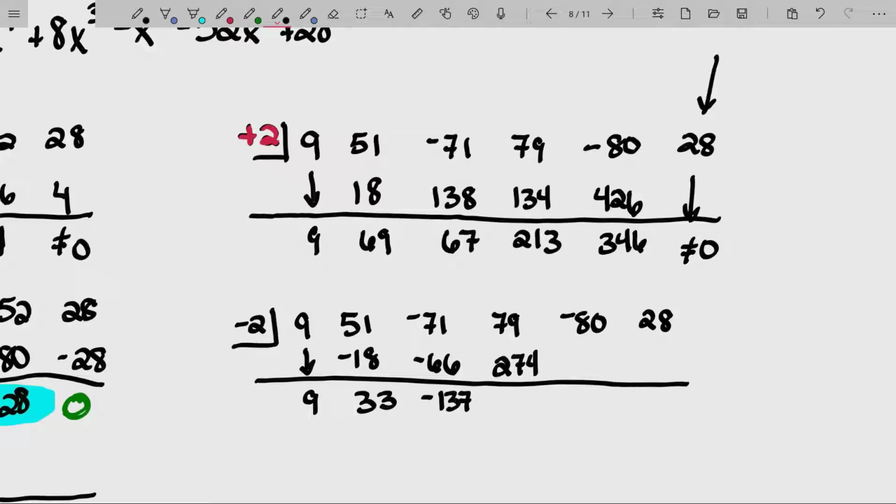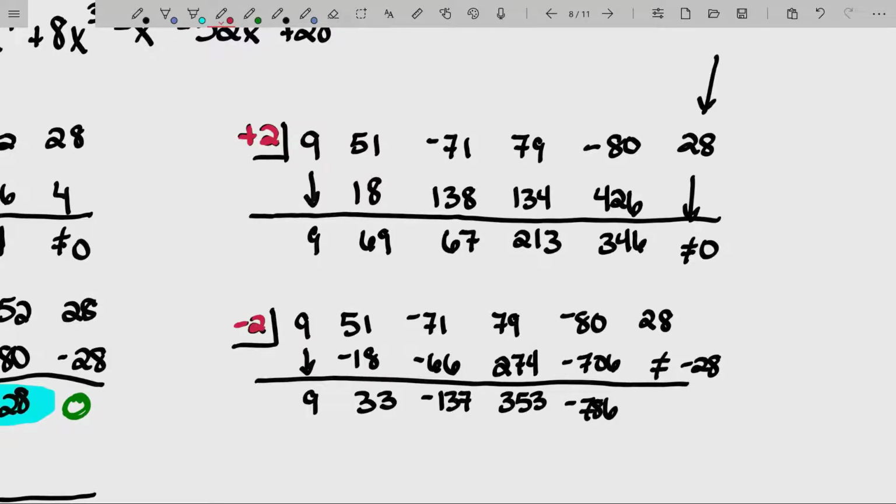And then we're going to add to that 79, and that will be 353. And we'll multiply that by a negative 2 to get a negative. Now you can easily see this is not going to work. You add those two up, that's negative 786. You multiply it by 2, it's just not going to be a negative 28, I'll tell you that. So again, negative 2 doesn't work.